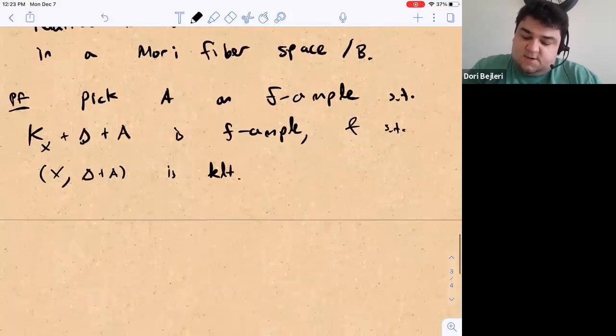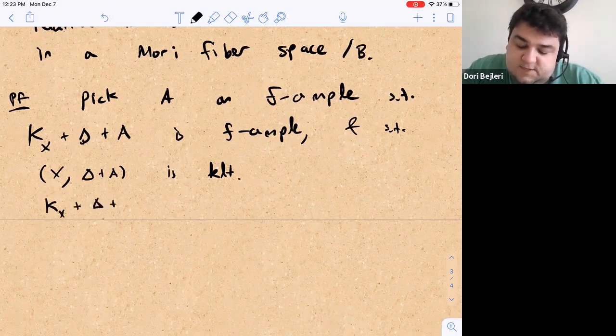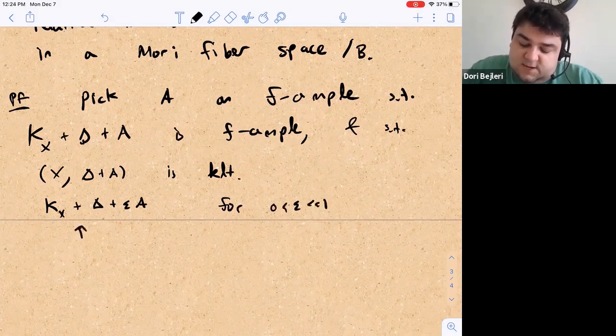And now we're going to consider the log canonical divisor kx plus delta plus epsilon A, for epsilon small but still bigger than 0. Then this divisor is not pseudo-effective.